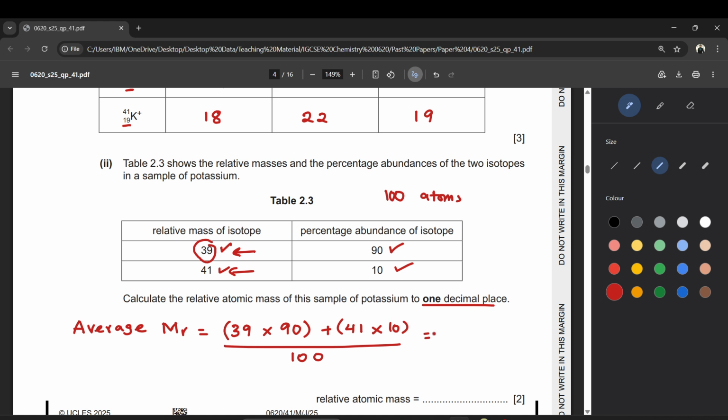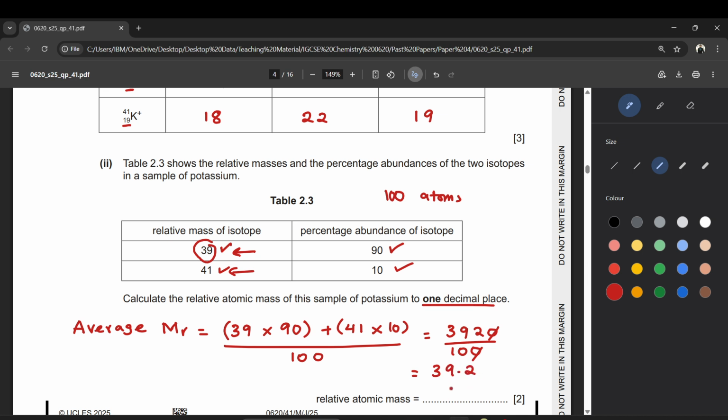All right. So 39 times 90 plus 41 times 10. So this is going to be equal to 3920 divided by 100. Okay, cancel the zero. And now you can shift one decimal place to the left. So the answer will be 39.2. All right.